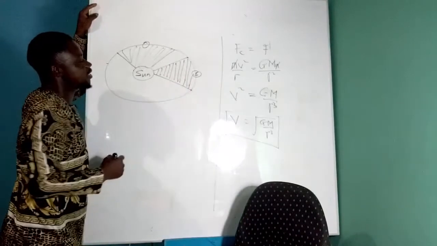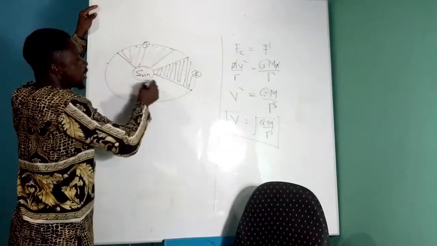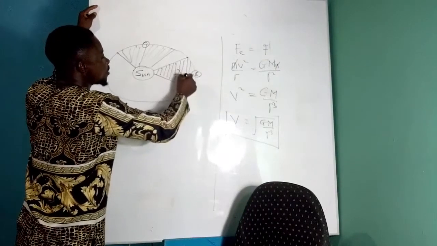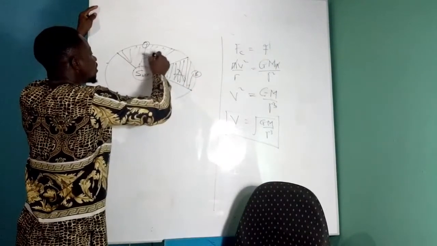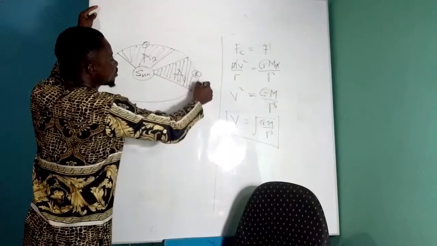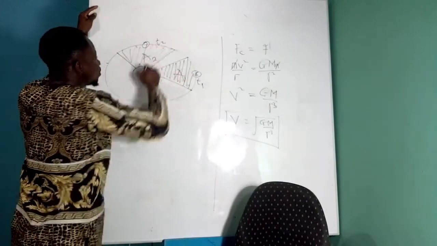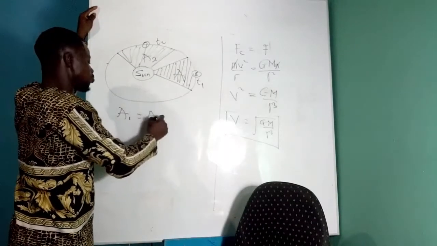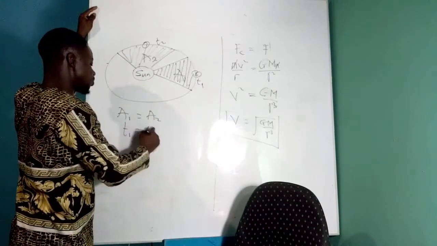What Kepler is saying is that a straight line that joins a planet to the sun sweeps equal areas A1, A2 in equal times, T1 and T2. What he's saying is that if A1 is equal to A2, then T1 is also equal to T2.